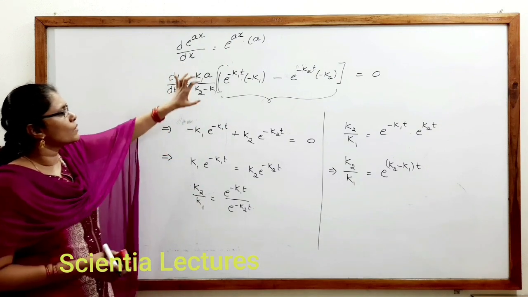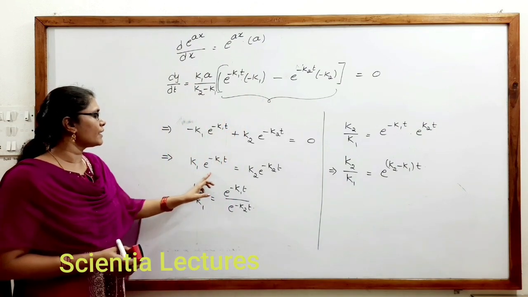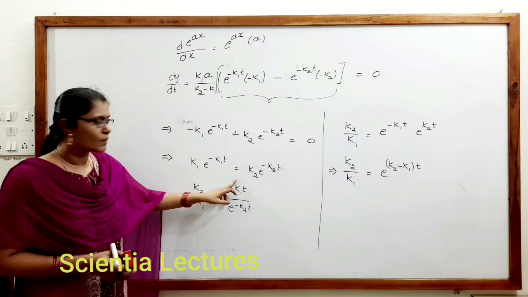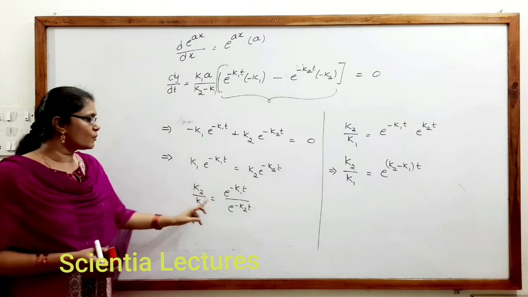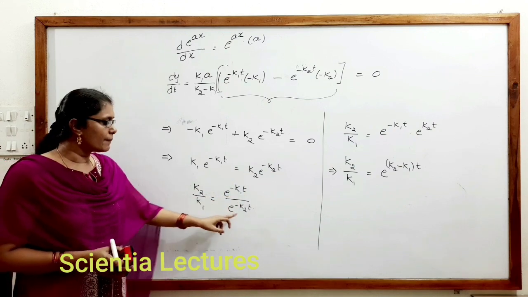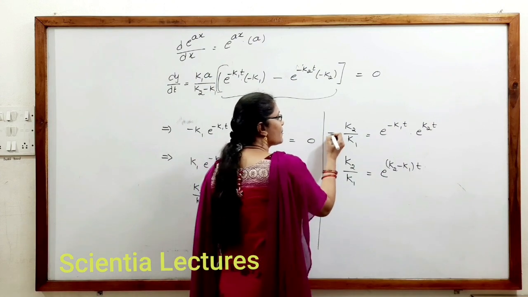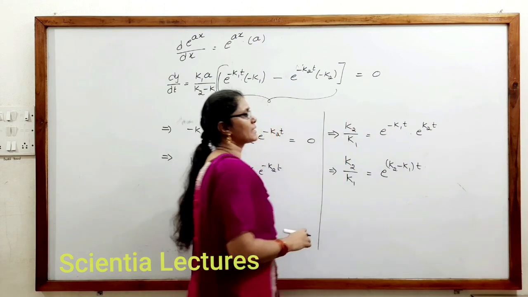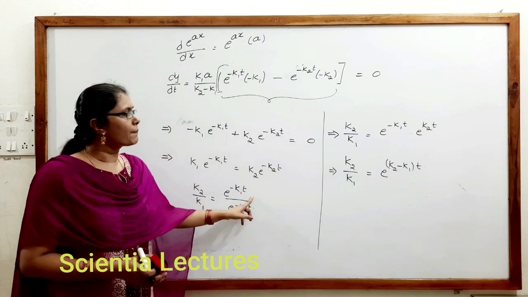You can observe here that this term could not be 0. So we have taken K1 e power minus K1t must be equal to K2 e power minus K2t. What is K2 by K1 from this equation? e power minus K1t by e power minus K2t. So K2 by K1 must be equal to e power minus K1t; if this comes to the numerator, it becomes e power plus K2t.